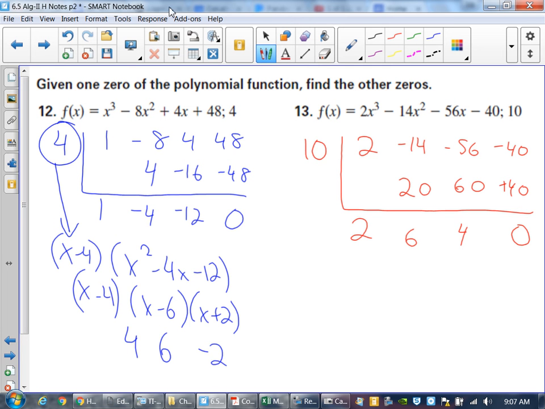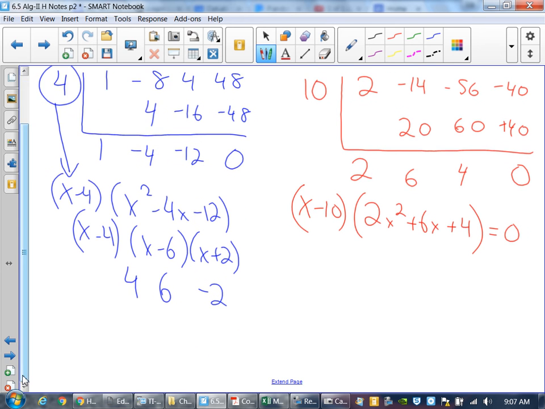Let me show you a trick here. You get 2x squared plus 6x plus 4. Take the 2 out. If you're factoring that further to find zeros, since this has a scalar of 2, does that 2 have any bearing on the problem? No, get rid of it. Take out the 2.